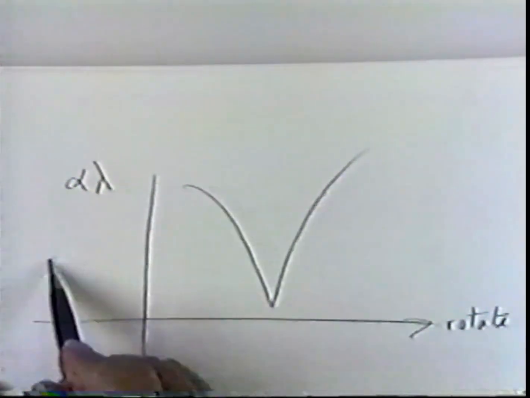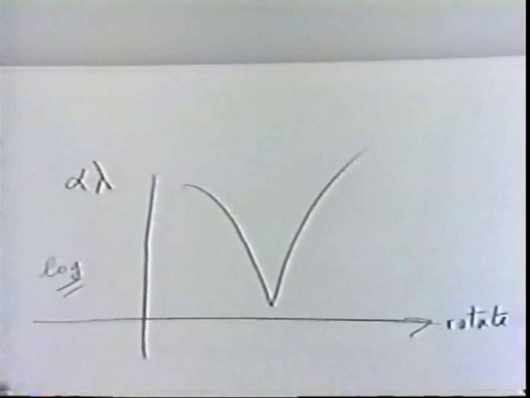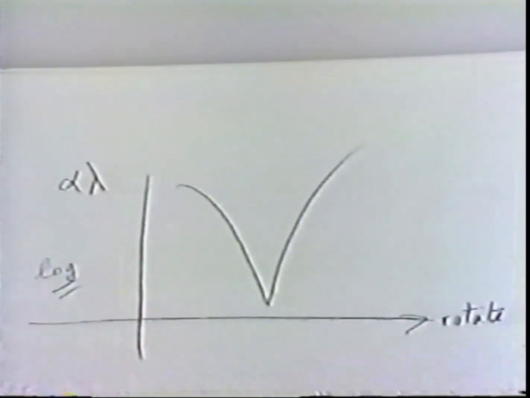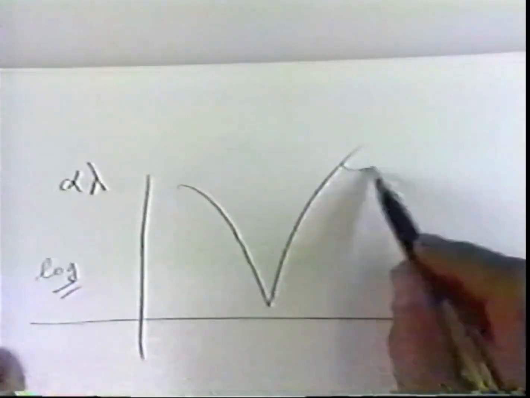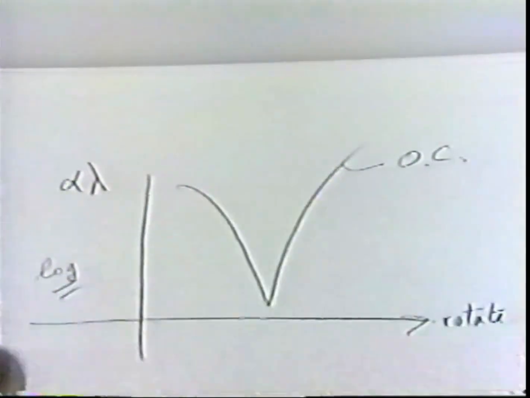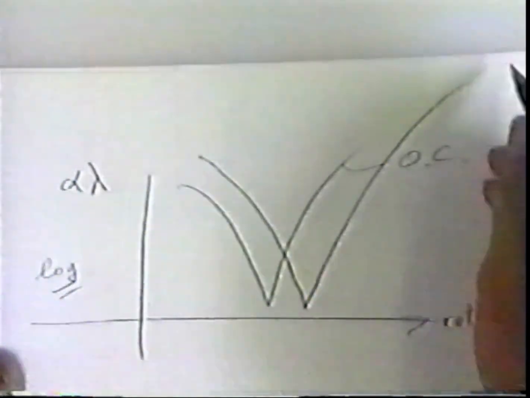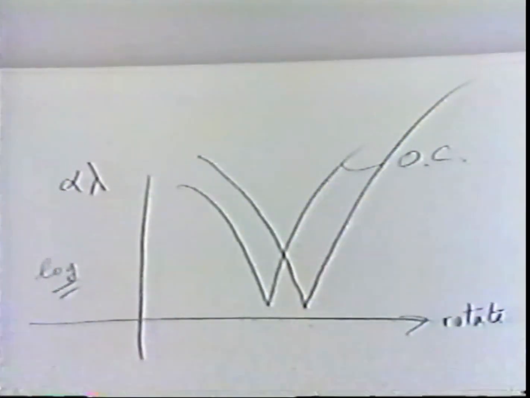Okay, and usually this is a log scale, so indeed the minimum is extremely sharp, because remember the alpha to start off with is in the exponent, and we're now plotting that in a logarithmic scale again, so that it really is a very compressed scale. What happens, or what you typically find, is if this is the open circuited curve, then the short circuited curve will also have a minimum, but at a slightly different angle.